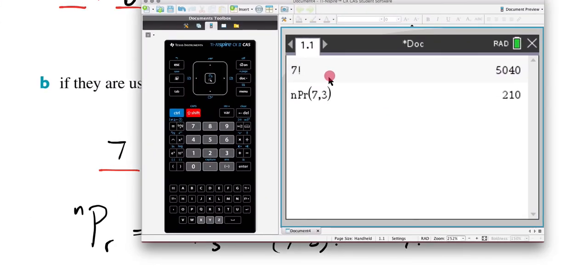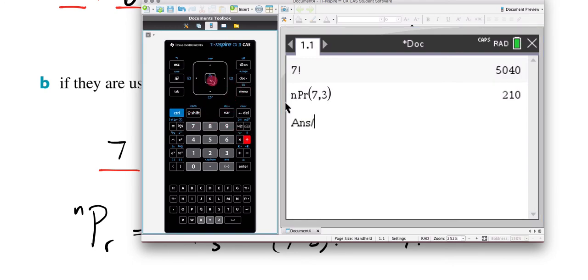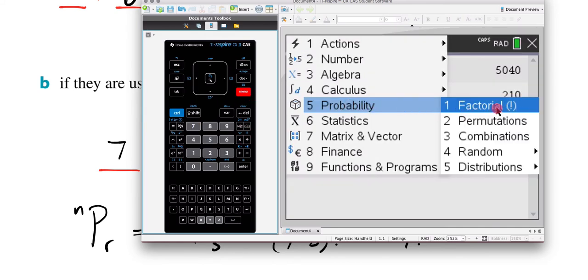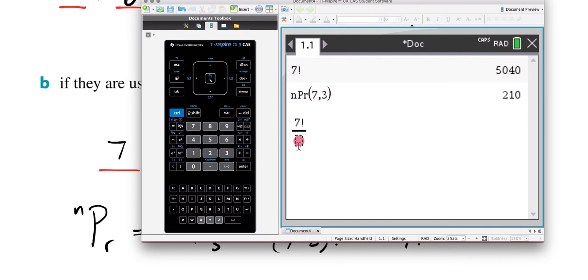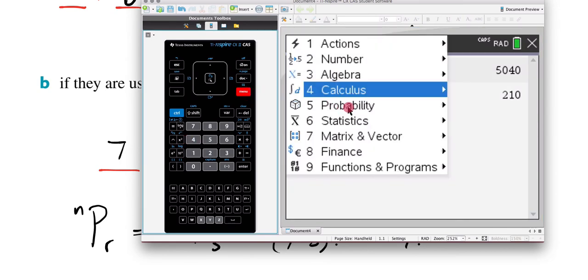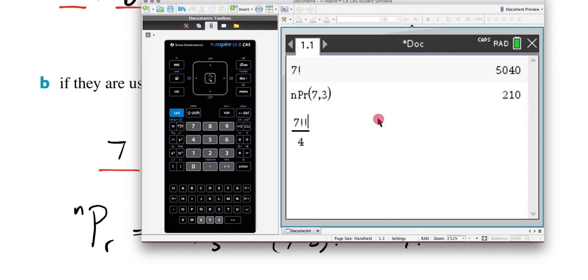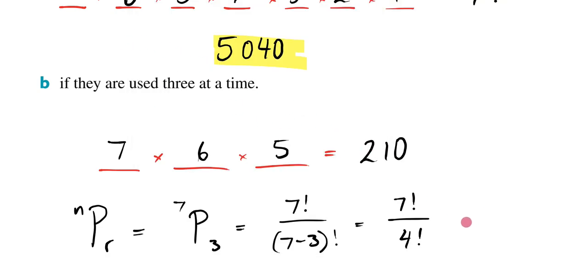So the way that this would work is, I'm going to type 7, menu, probability, factorial, over 4, menu, probability, factorial. 210. So hopefully you're comfortable with both of those methods to get your answer.